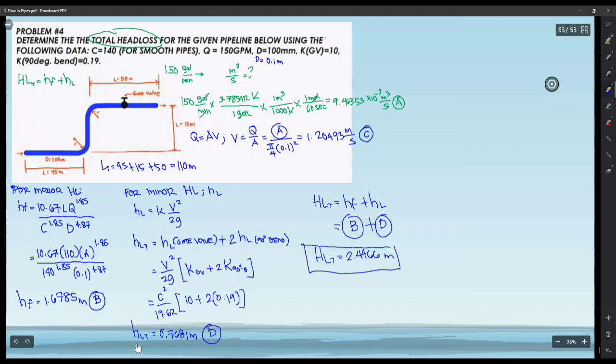Pwedeng mangyari na mas malaki yung minor head loss if maigsi lang yung pipeline mo and doon sa iyong pipeline system is tinadtad niya ng mga fittings or ng mga gate valve. So, sa pagdami ng mga fittings na nilagay mo, pagdami ng gate valve, syempre, lalaki rin yung value ng iyong minor head loss. So, for example, ganito yung gawin doon sa pipeline system.